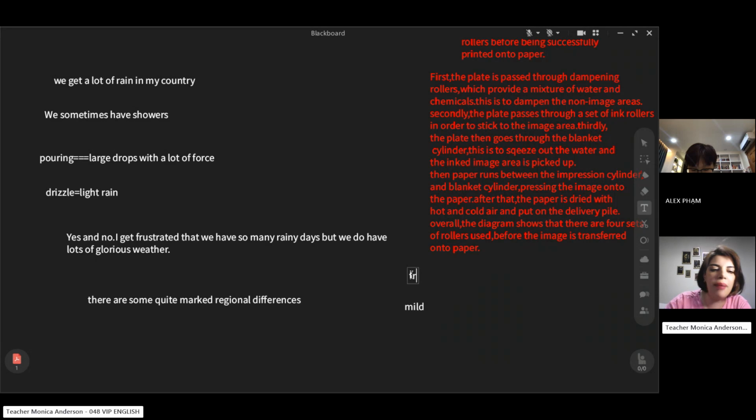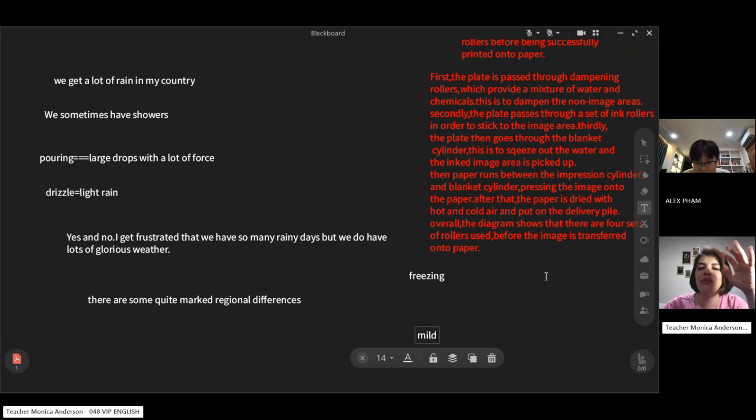If I put them from the coldest to the least cold, the first one is freezing. After freezing is bitterly cold, one level lower.